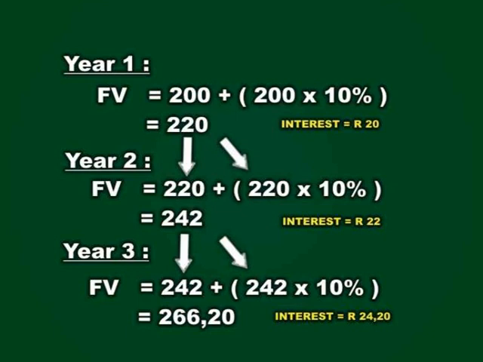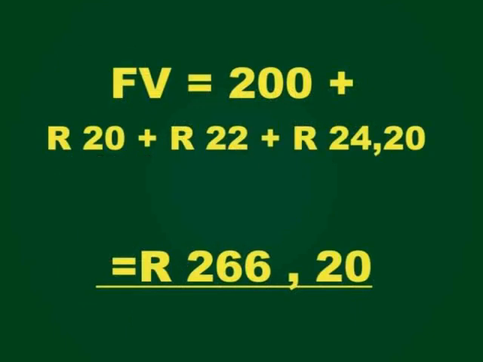During the second year, it was 22 Rand. And during the third year, it was 24 Rand 20. Which means that at the end of the 3 years, if you lent the money out at 10% per annum compounded once a year, your money would be worth 266 Rand 20. Slightly more than the simple interest, isn't it?